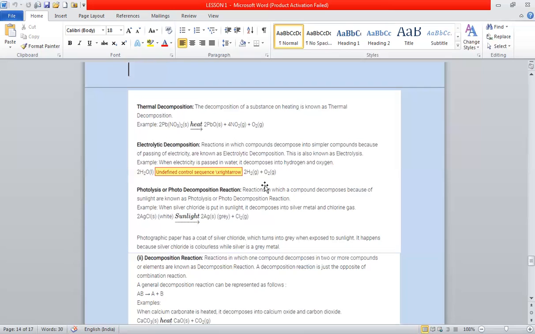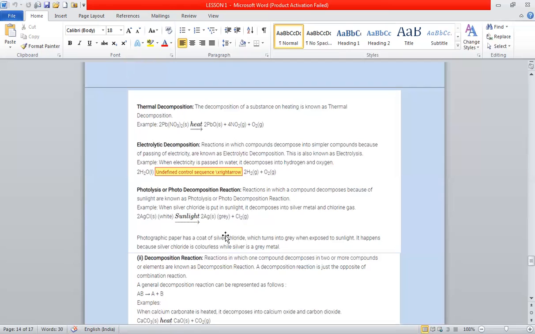The reaction is done with the help of electricity, so it is known as electrolytic decomposition. During this electrolysis of water, we get two volumes of hydrogen and one volume of oxygen gas. This shows that water is made up of two parts of hydrogen and one part of oxygen. Hence, the formula H2O is also verified.